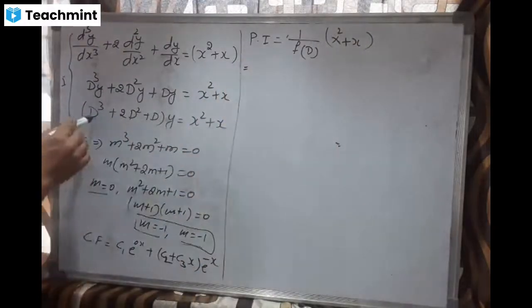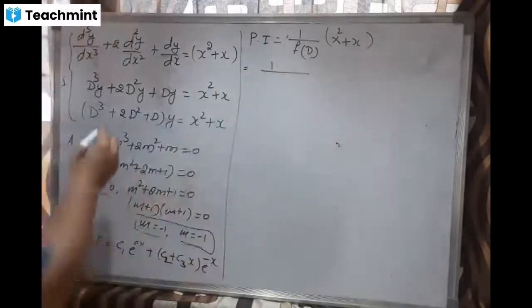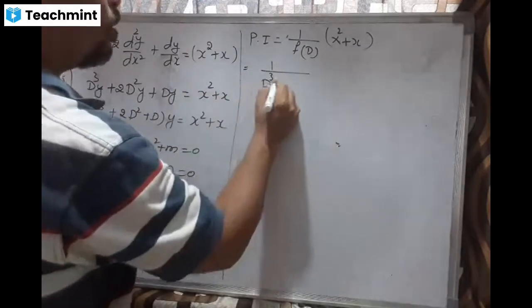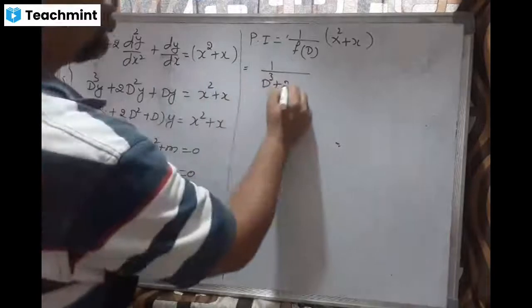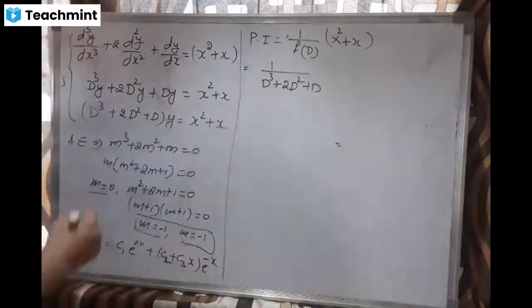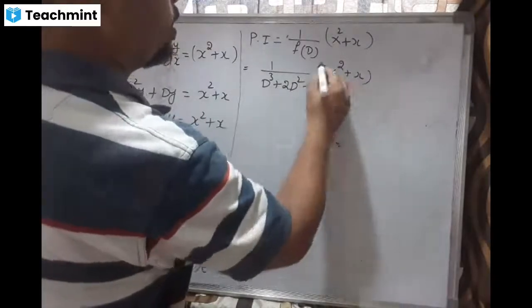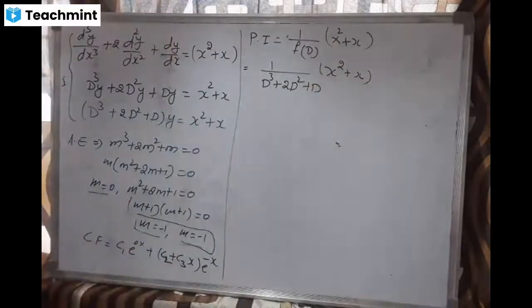I can say this: 1 divided by D cube plus 2D square plus D into x square plus x. Right? So this is the thing.